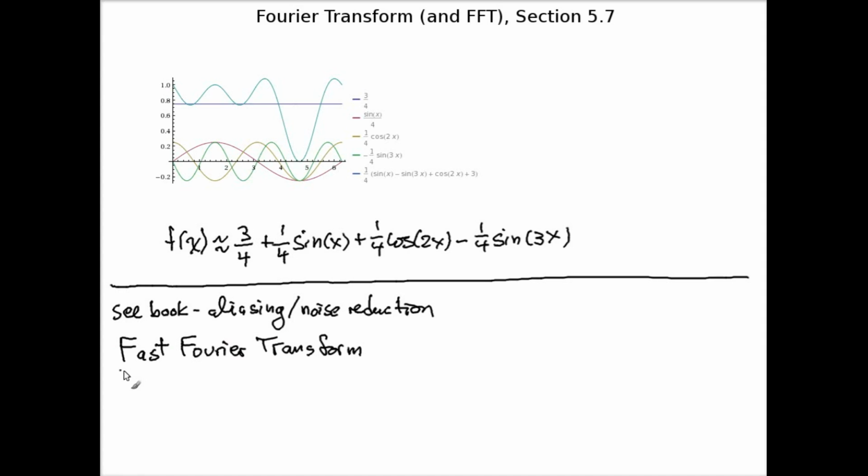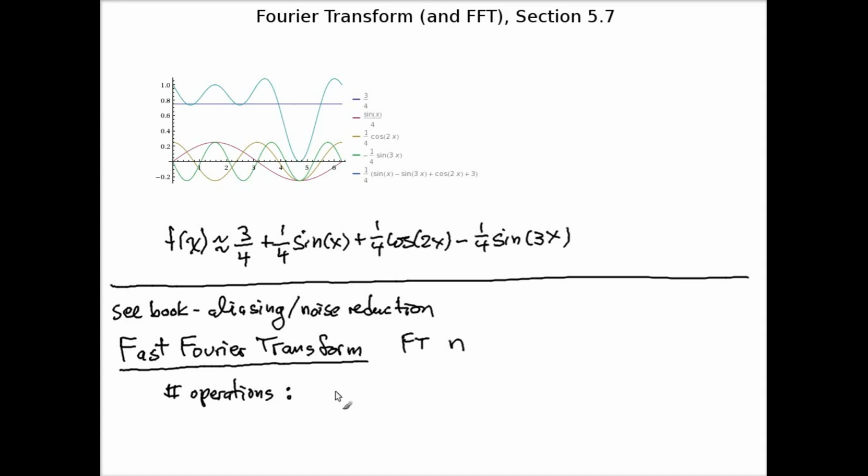So this is about a computational issue, which is that if you're trying to compute a Fourier transform with n steps, the number of operations that's required is what?